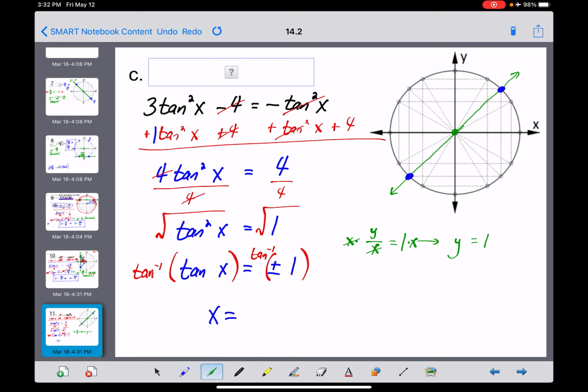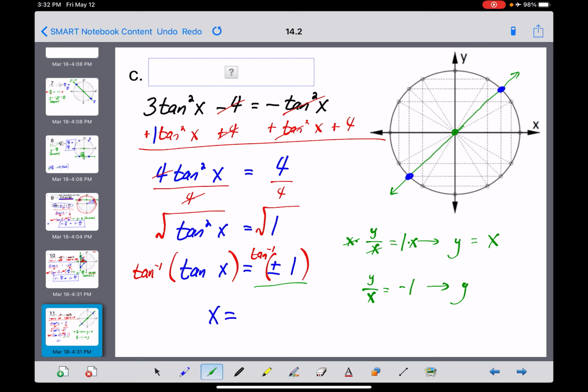But wait, there's more. Back to this, guys. We also have to be looking at the value of inverse tangent of negative 1. So in that case, it would have been y over x is equal to negative 1. And when we multiply both sides by x now, we're going to get y equals, I'm sorry, guys, I wrote that wrong, even though I did it right. That should have been y equals x.